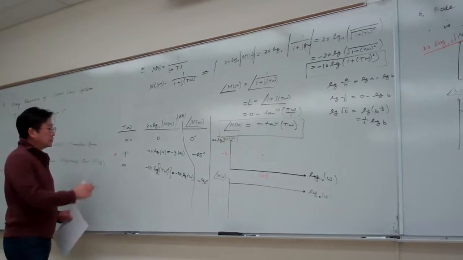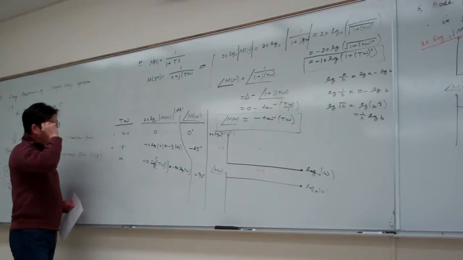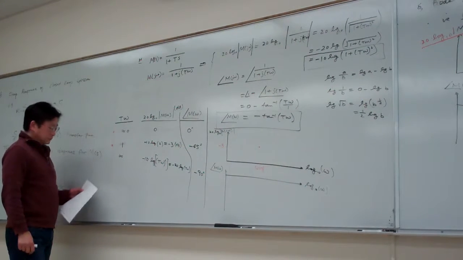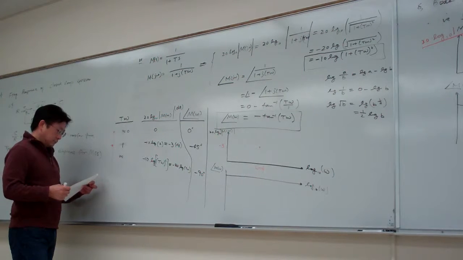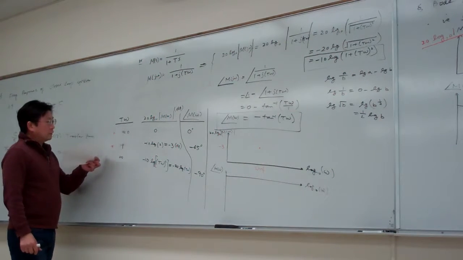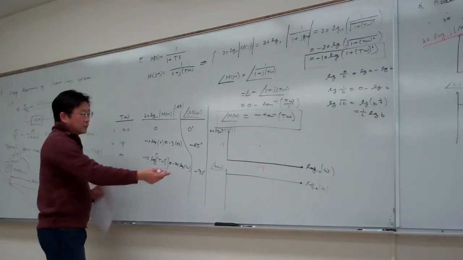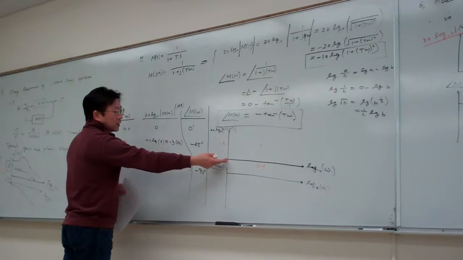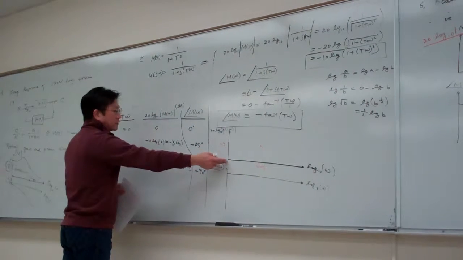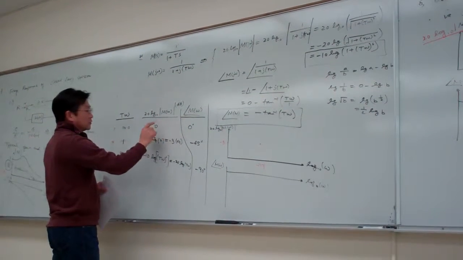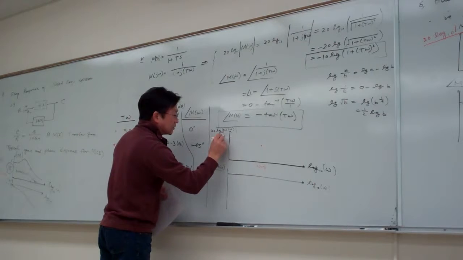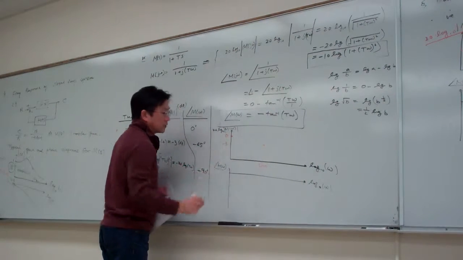And for this one, when t omega is very small, that means omega is very small. So that means approaching the left-hand side of the domain, the value is equal to 0. So let me put 0 here. So that will be starting from here.